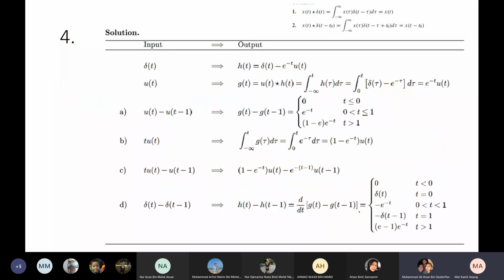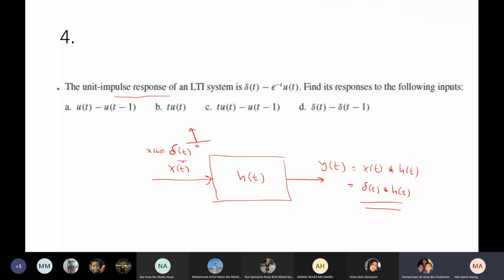Any function convolved with an impulse, the result is the input. So in this case, the input is the impulse. So what is the result of this? The impulse gets out h of t, because this is not the impulse. So what is h of t?